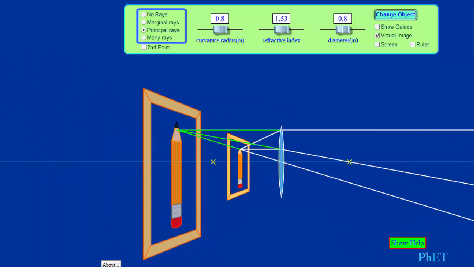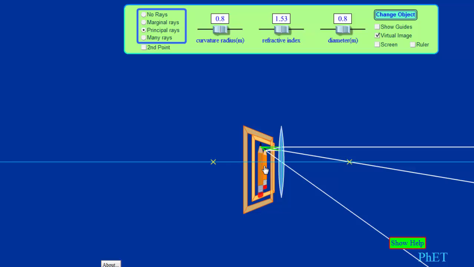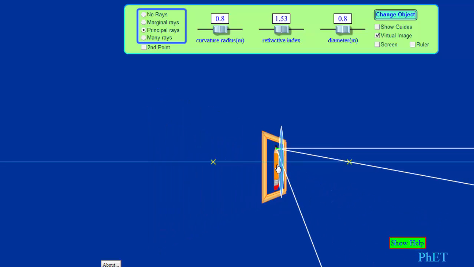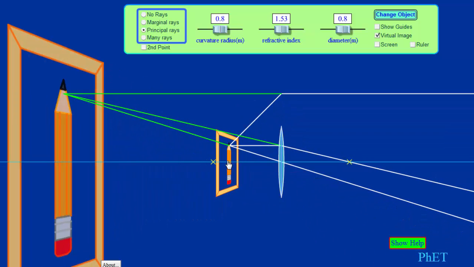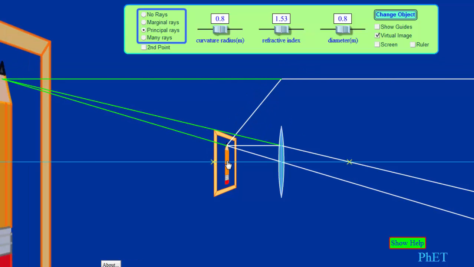So physically what's happening is I look from the right. The pencil is the actual shape of the object, but what I see is the image. And depending on where I hold it, I see a larger versus a smaller version of it. If I'm very, very close, they're about the same size. And if I'm near the focal point, it gets enormously large. Also note that it gets further away.